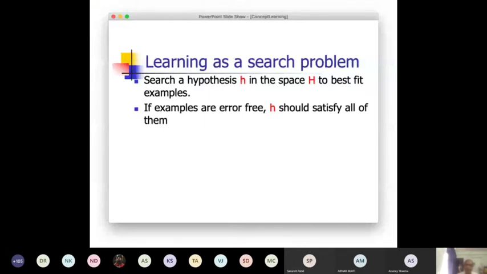There is also another assumption: there exists a target function, a hypothesis which should satisfy all these examples. These are the two major assumptions: the examples are error-free, and the target function is also part of your hypothesis space.